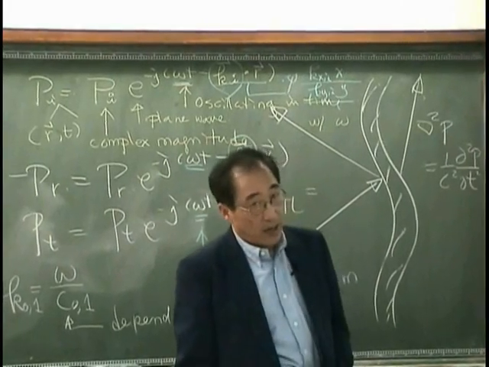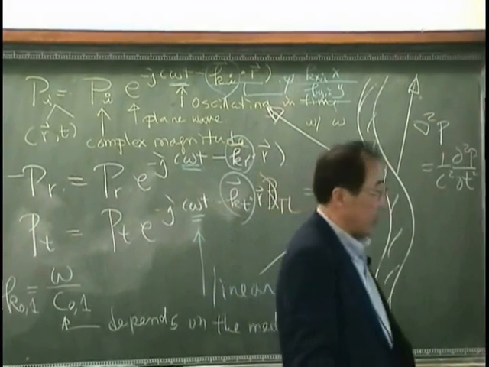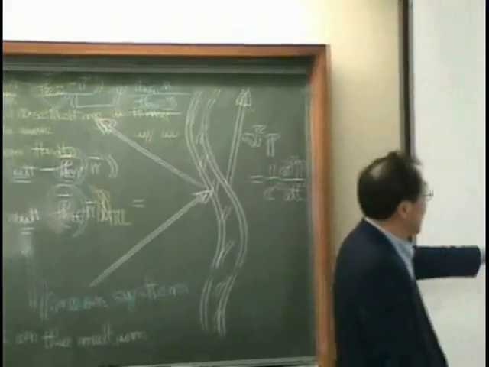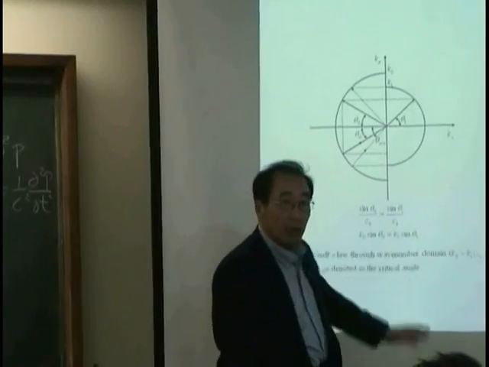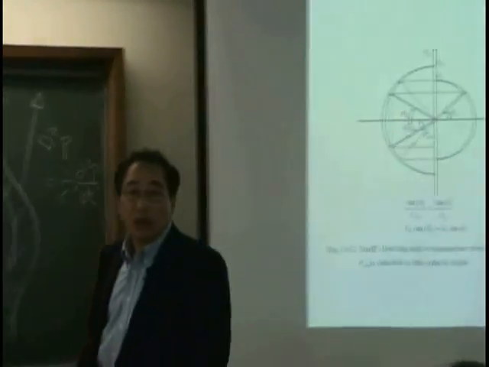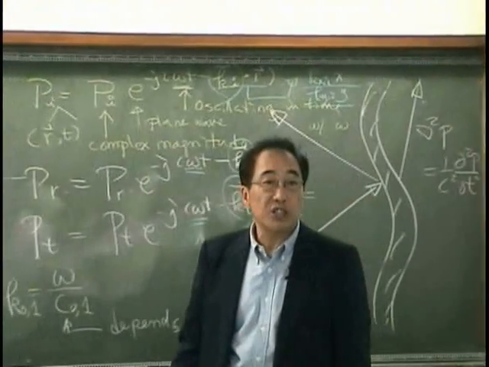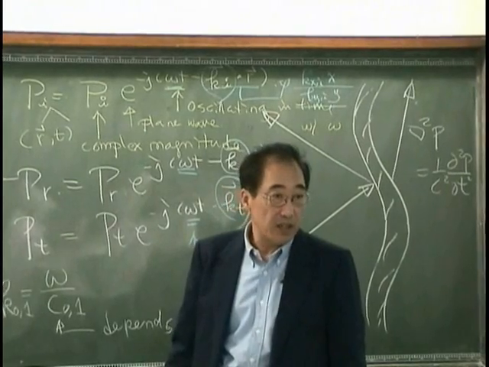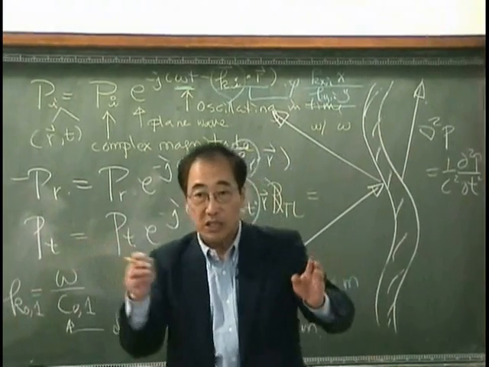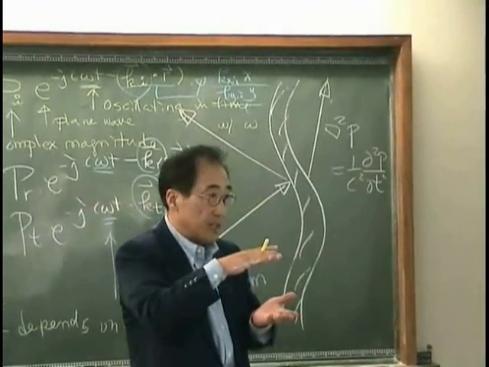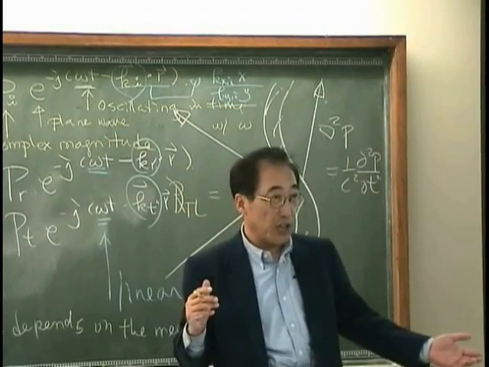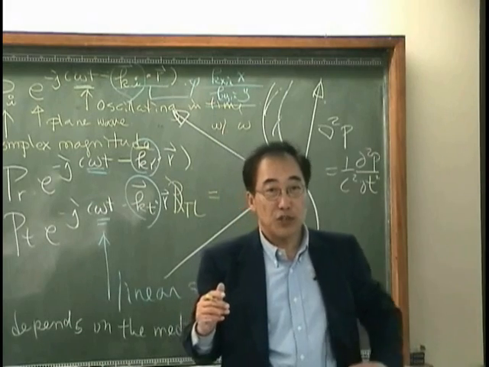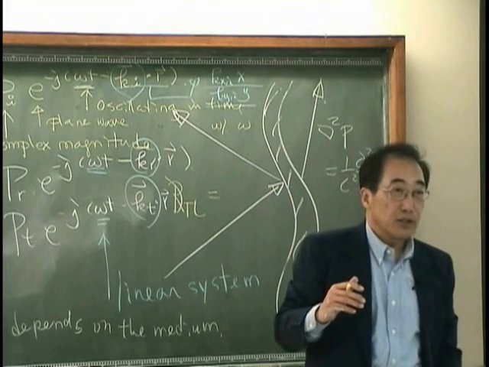So when I have an incident wave, and the angle of incidence is greater than the critical angle, then what happens? The wave is propagating in the y direction, but exponentially decaying in the x direction. So what essentially happens is, when I shout from outside at a certain angle, then I can generate a surface wave.